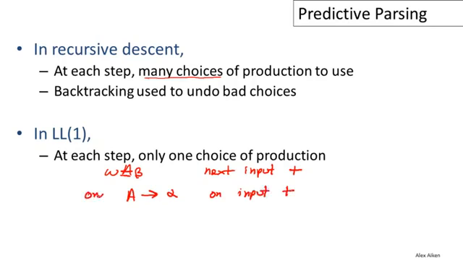There's only one possible production that we can use, and any other production is guaranteed to be incorrect. Now, it can be that even A goes to alpha won't succeed. It could be that we will be in a situation where there's no production we could use. But in an LL(1) parser, there will always be at most one that we could use. So in this case, we would choose to rewrite the string to omega alpha beta.